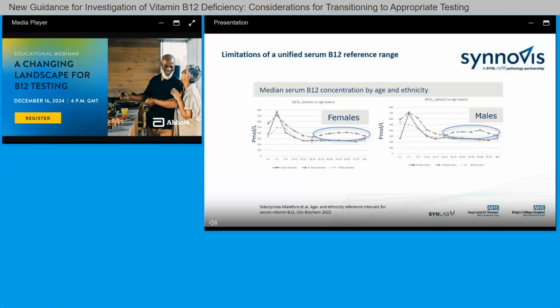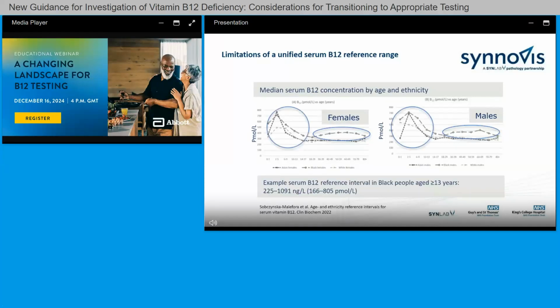If you are using a unified reference interval mainly derived from adults to interpret results for children, there is an increased risk of missing a B12 deficient state in the children. We don't know yet why children have much higher serum B12 concentrations than adults.